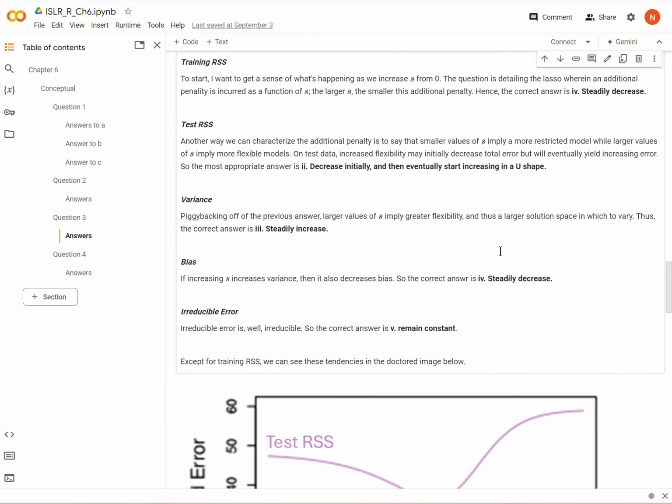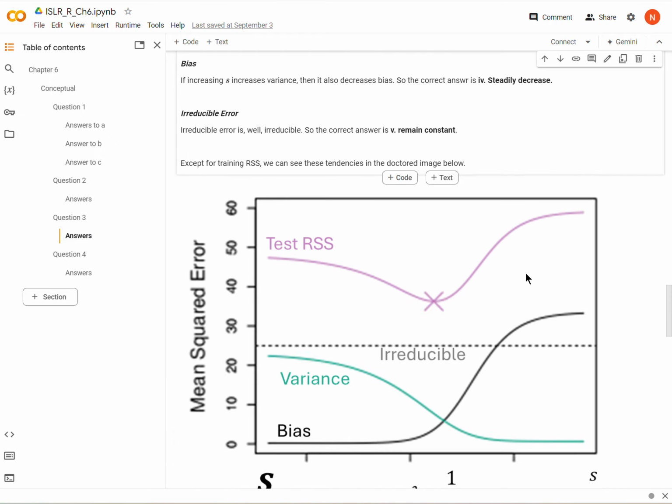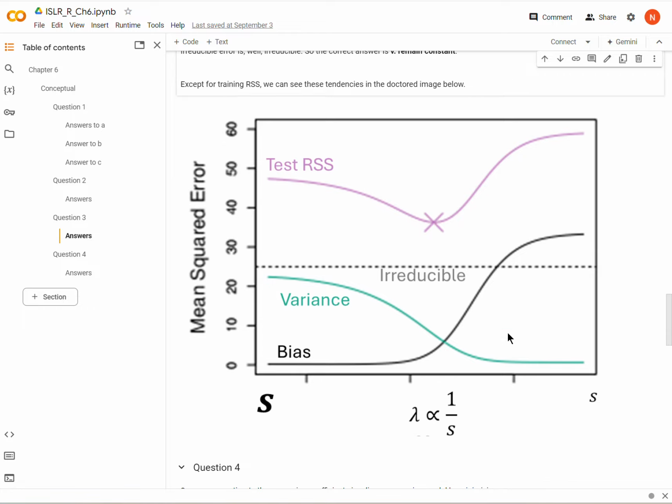At the end of the last video, I doctored up this image that is in the book itself. It usually goes with lambda starting small on the left and going to the right. Because lambda is acting like 1 over s, we could also read this from right to left, where s gets small to big.